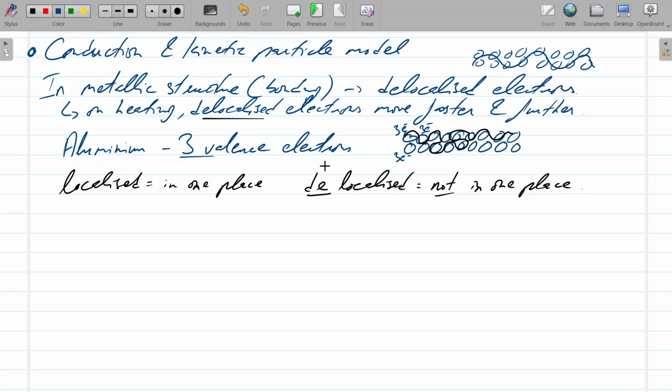So the electrons move faster, they move further, and with that they interact with the particles in the cooler region, and so they transfer their thermal energy to the cooler parts.